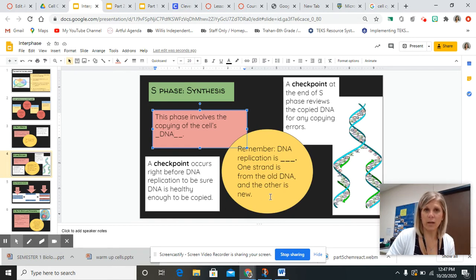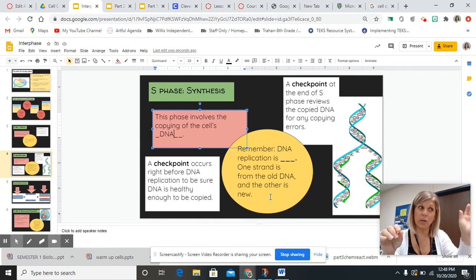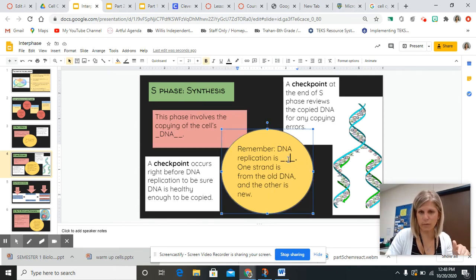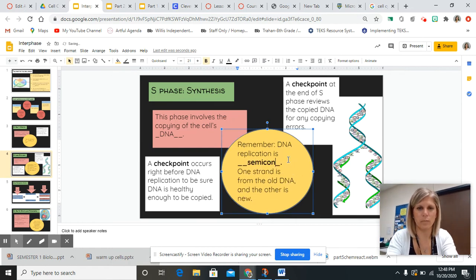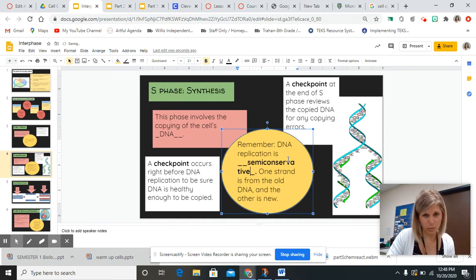Keep in mind that that DNA strand gets unzipped, and one piece goes this way, one piece goes that way, and then we make our complementary strands off of that. That means that one piece of the strand is old, and then you make a new copy. So we call that semi-conservative. And that's important for you to know.